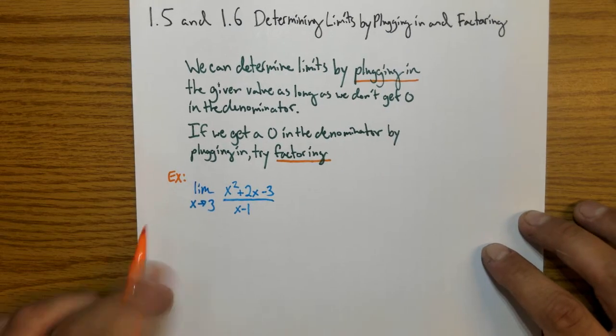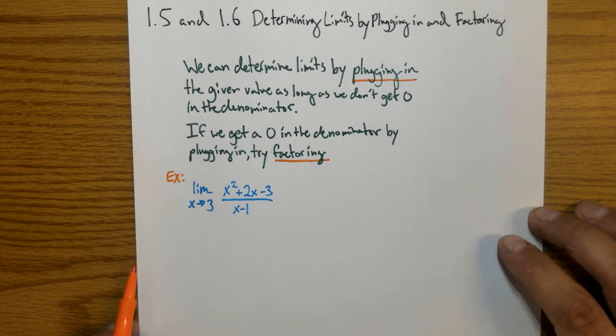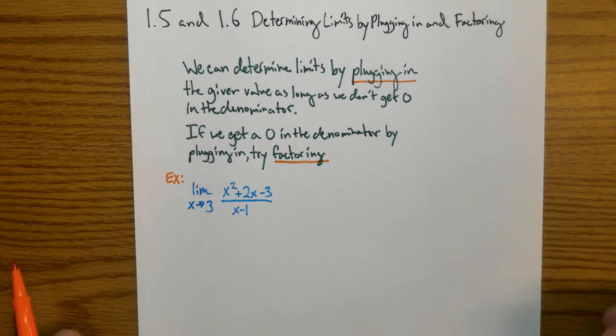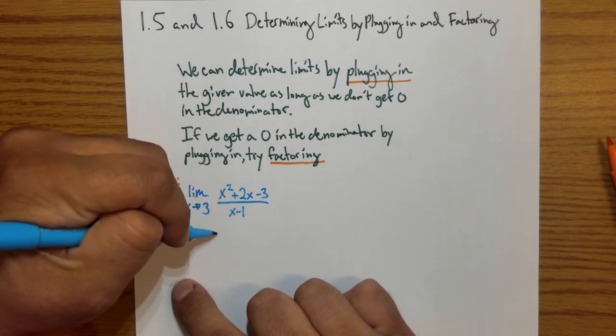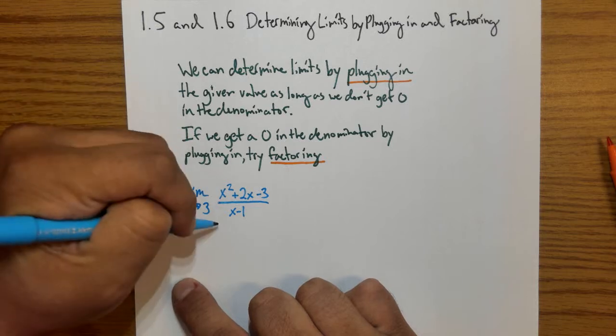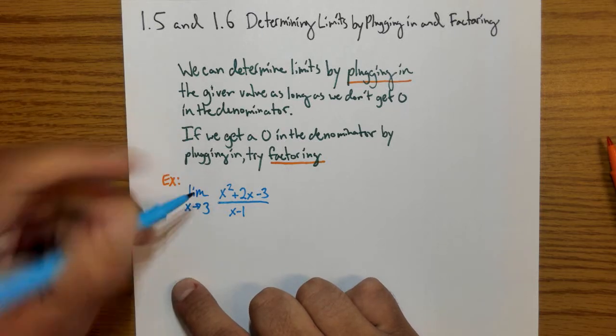methods. So here we have the limit as x approaches 3 of x squared plus 2x minus 3 divided by x minus 1. So I'm just going to go ahead and try to plug it in and see what I get. Okay? So I'm going to plug in, let's see, we're plugging in 3.